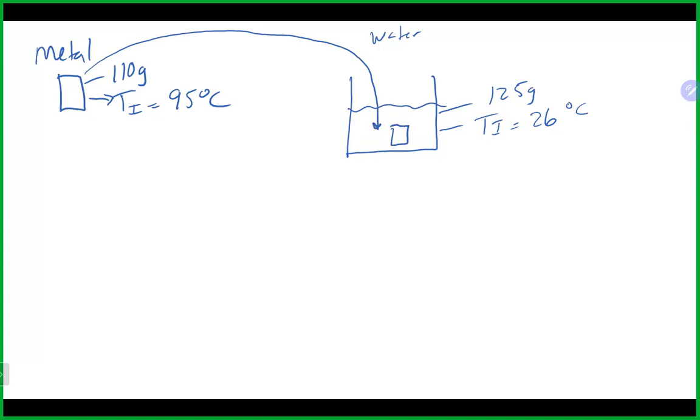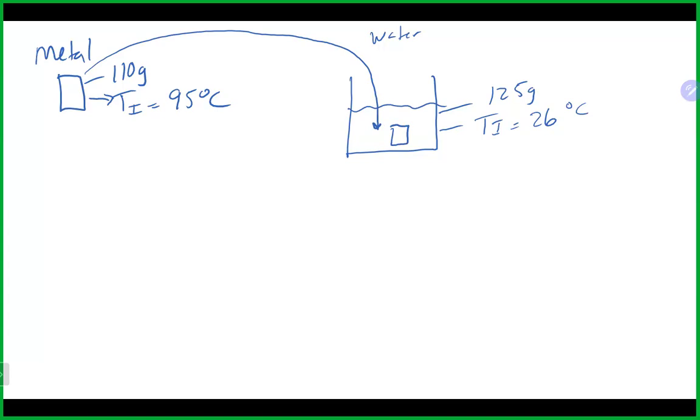what is going to happen in terms of the energy here? Will the heat transfer from the metal to the water, or from the water to the metal in this case? Which way will the heat go? It's going to go from the metal to the water, because the metal is hotter, it's 95 degrees, versus our water that's 26 degrees, right?